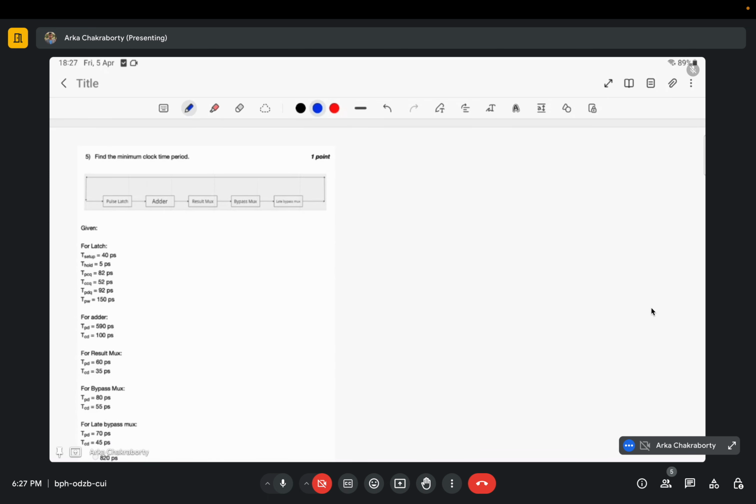Here T setup is equal to 40 picosecond, and T pulse width is 156 picosecond. Therefore T setup is less than T pulse width.